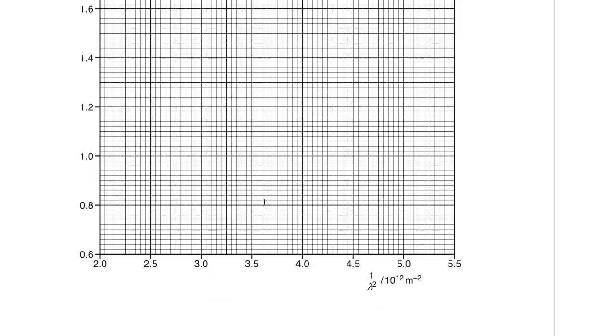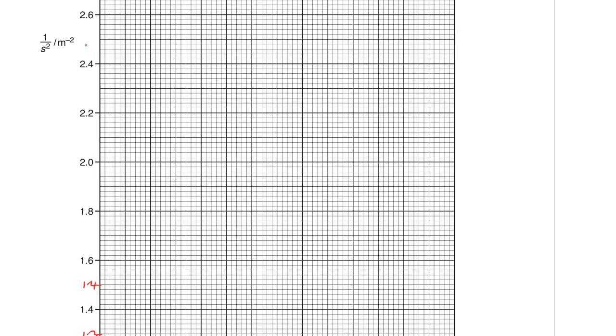We have this graph here. So this graph here is not starting from 0. This is 0.6, this is 0.8, so in between here we have 0.7. This is 0.9, this is 1.1, this is 1.3, this is 1.4.